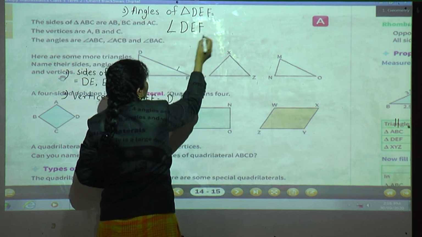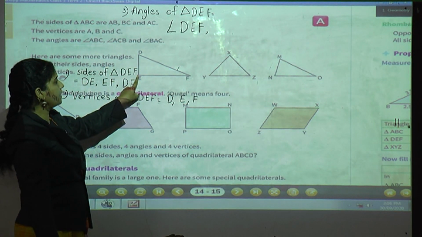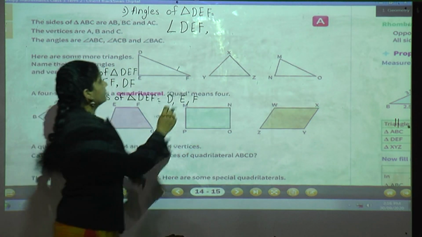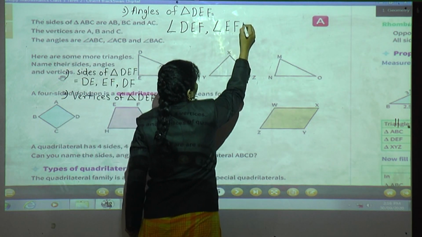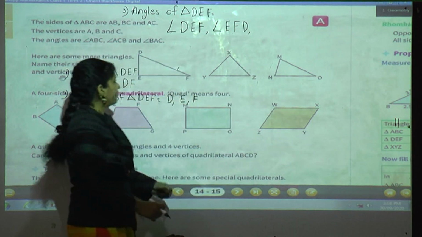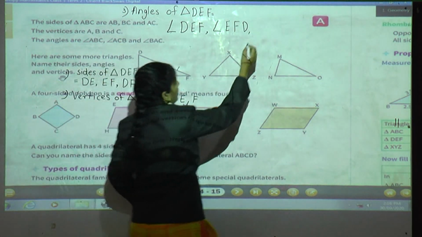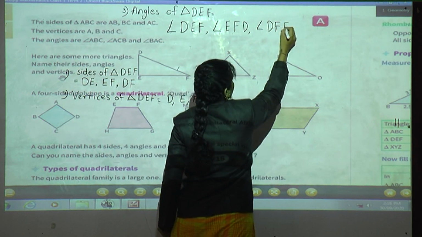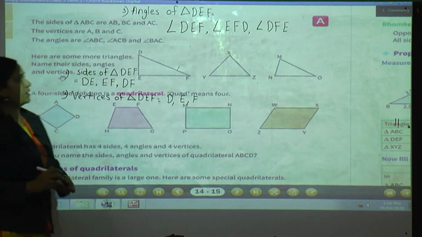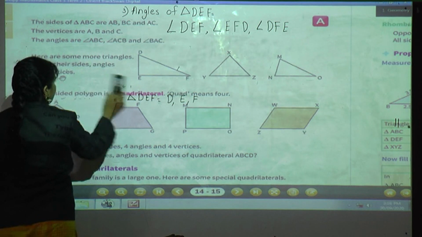Second one, yes, angle EFD. And third one, angle DFE. Yes.